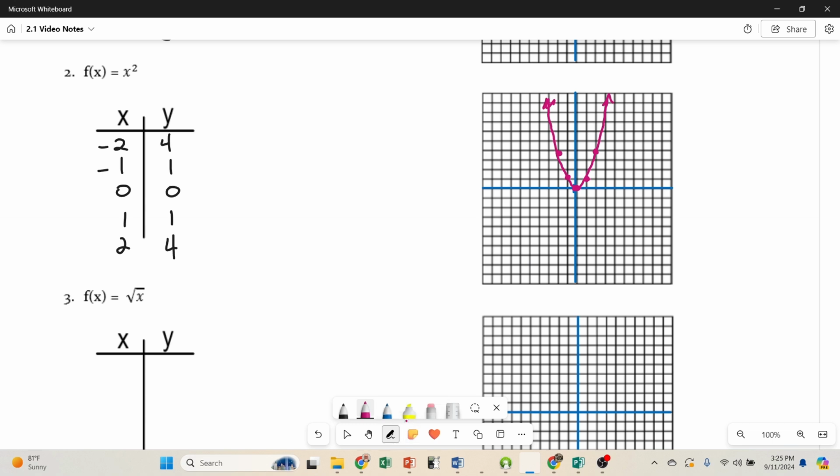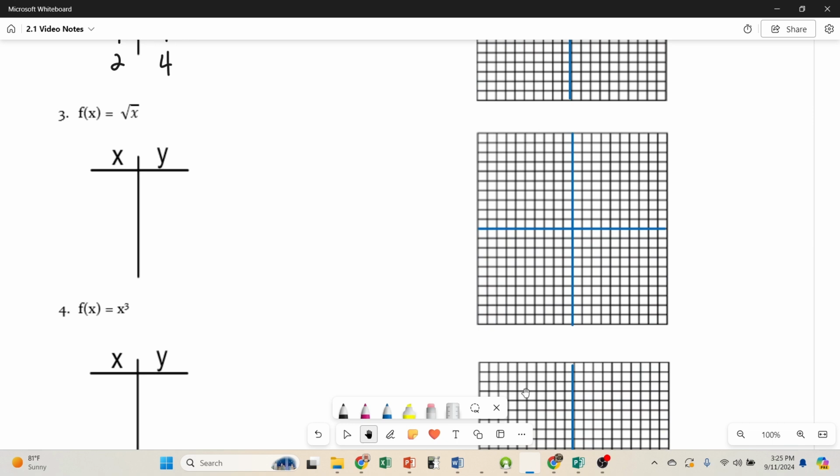Now, when doing this type of thing with square roots, I find it a lot easier to go in reverse to come up with x values. And you might think, well, that's not right, but it does make it easier to do. First of all, I can't put any negative values in. So I'm going to put in 0, 1, 2, and 3.